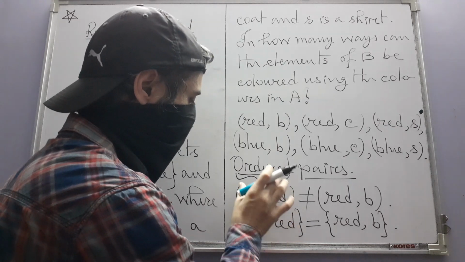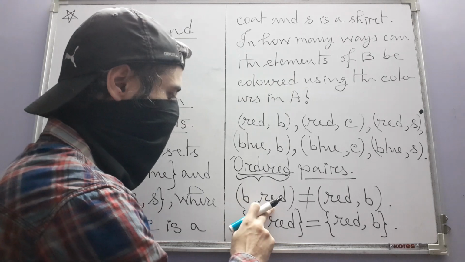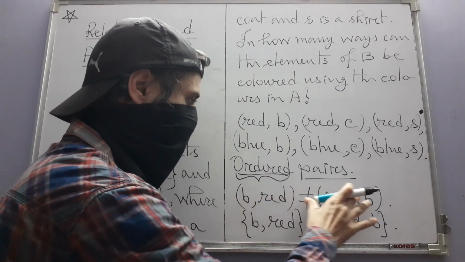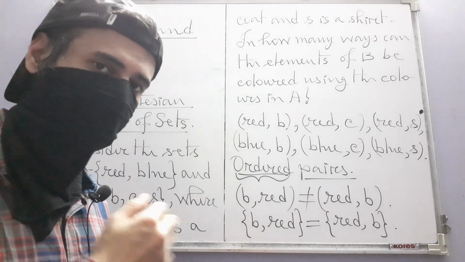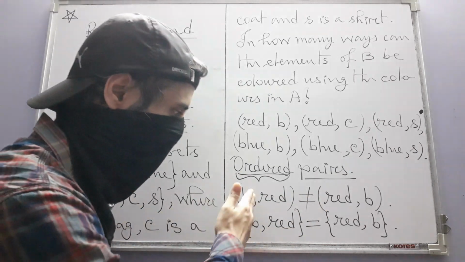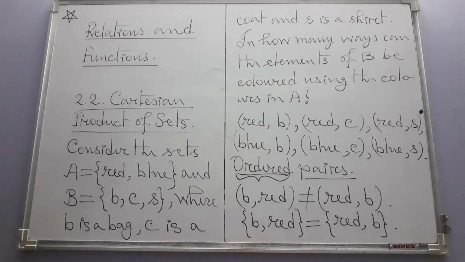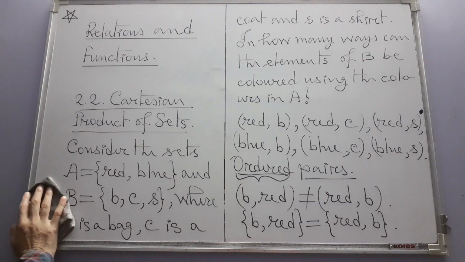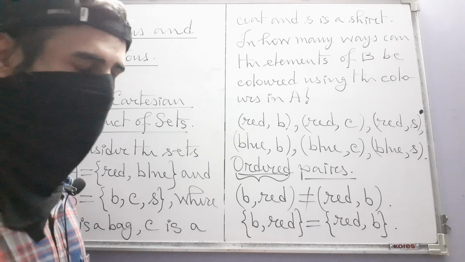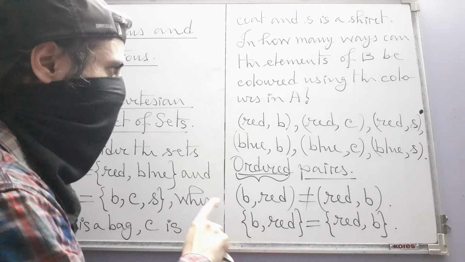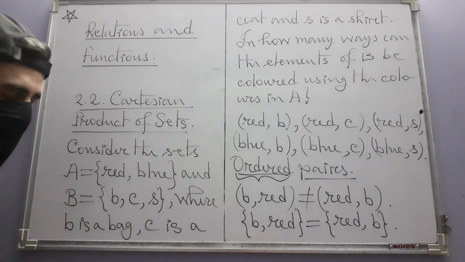Once you fix the order, say you are going to write B first and then red, then this is one ordered pair and this is another ordered pair, although the objects in both of them are red and B. In spite of that, they are different because the order is different. So we can see that these are all the possible ordered pairs that show us in how many ways the elements of B can be colored with either red or blue.